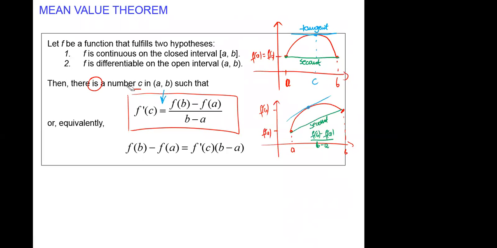And again, this theorem is just proving that this number c exists. Sometimes the function is too complicated and we are not even able to compute that value c, but sometimes it's easy to compute. This is just proof that this number exists. Looking at this boxed equation, it's a really nice connection between the derivative and the function.